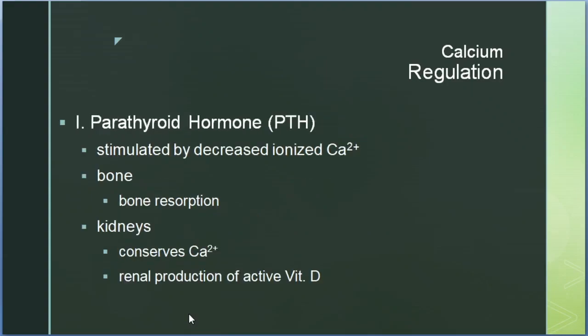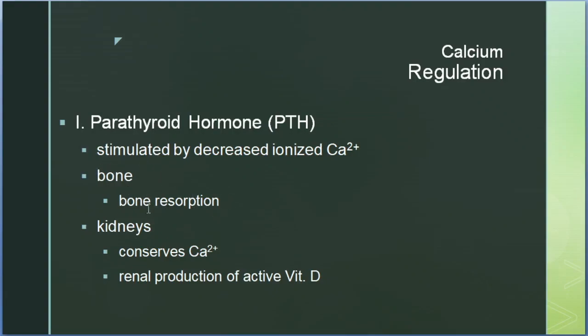So first, let's just have a short review of your parathyroid hormone. Again, your parathyroid hormone is stimulated by decreased ionized calcium. So once there is a decreased level of your serum calcium, your PTH will be released. It has two important actions, in the bone and in the kidneys. In the bone, what does it do?